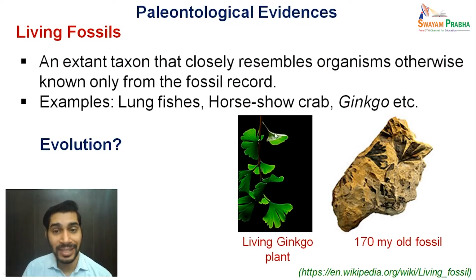So this plant still resembles the organisms which are otherwise known from the fossil record. So what about evolution? Has evolution not taken place? What is the direction of evolution? These are the things to ponder upon when we are discussing the paleontological evidences in support of evolution.